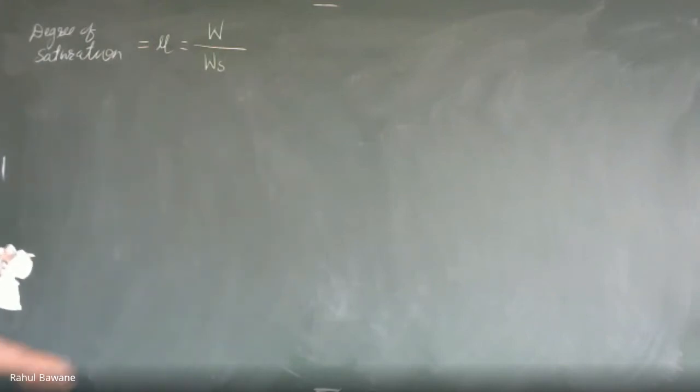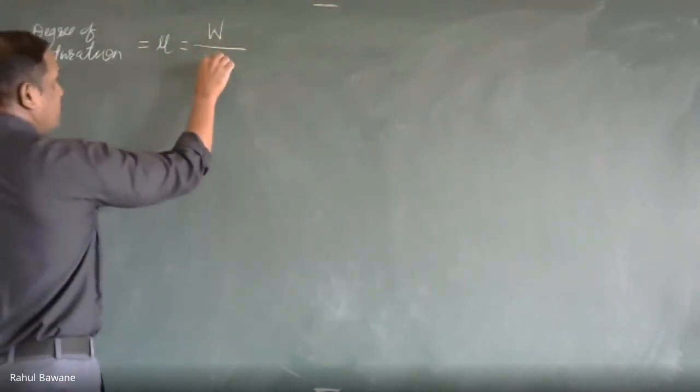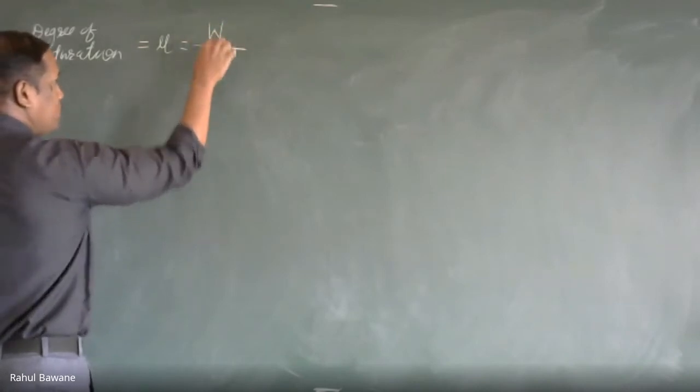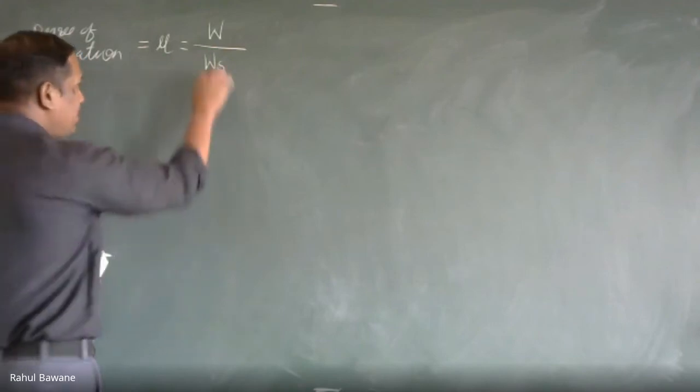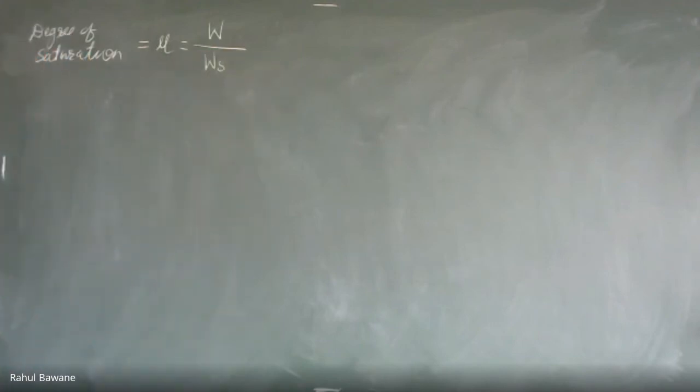So it is nothing but the ratio of the specific humidity of air to the specific humidity of the same air at the same DBT when it reaches the saturation point.